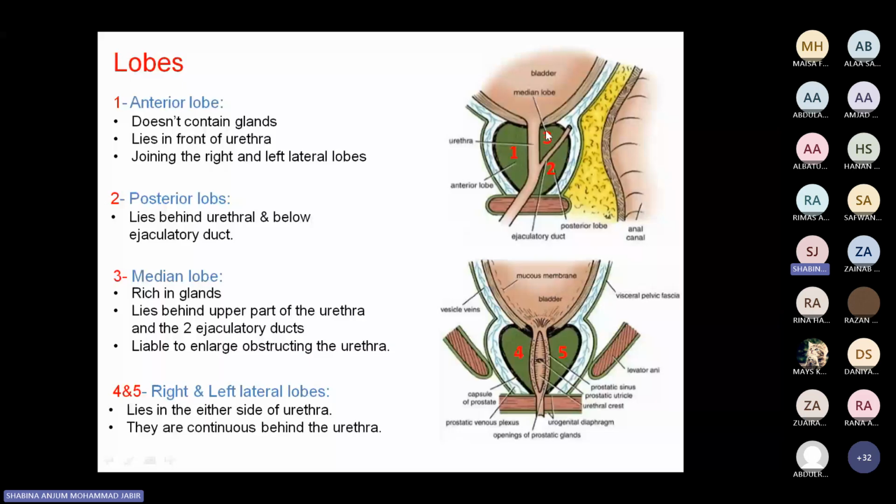You can imagine if it enlarges, it will enlarge in the upper direction, which can obstruct the flow of urine like this. Then we have the right and left lateral lobes, which are present on either side of the urethra.